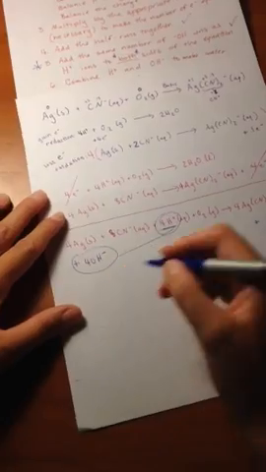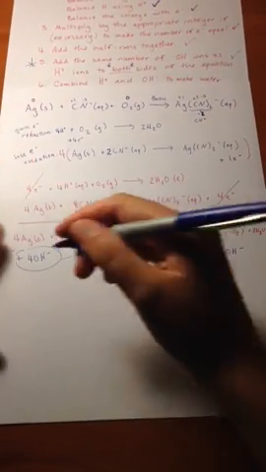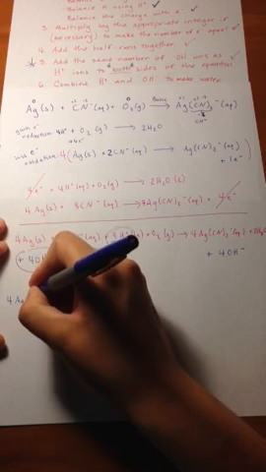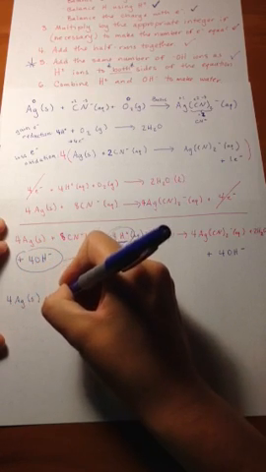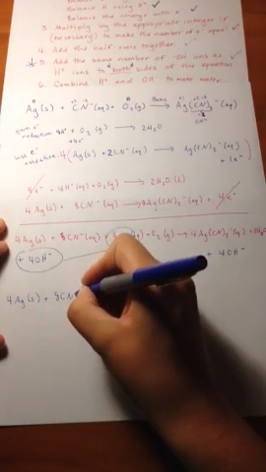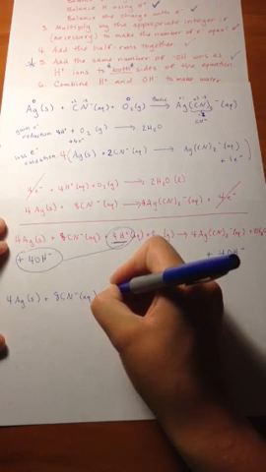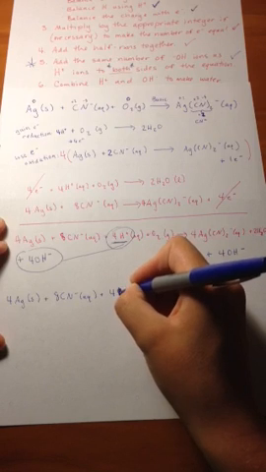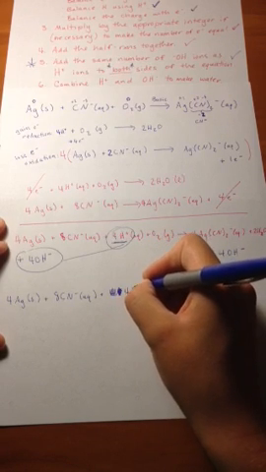Alright, so now that we're combining, let's rewrite that. So now we've got 4Ag, here's our water. Write that a little more neatly.